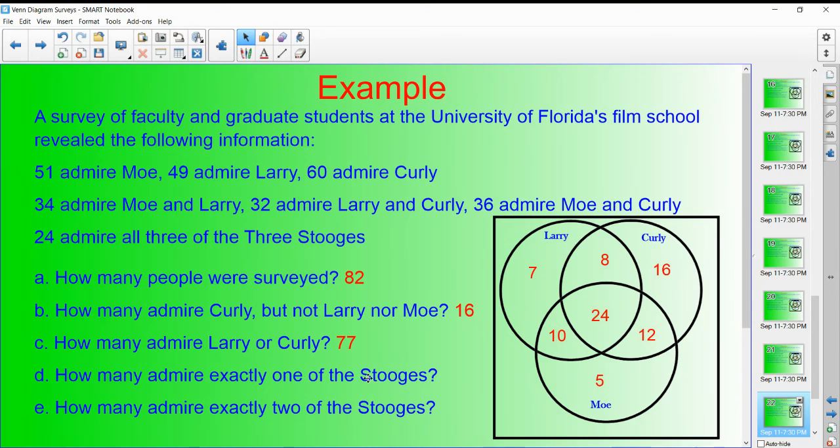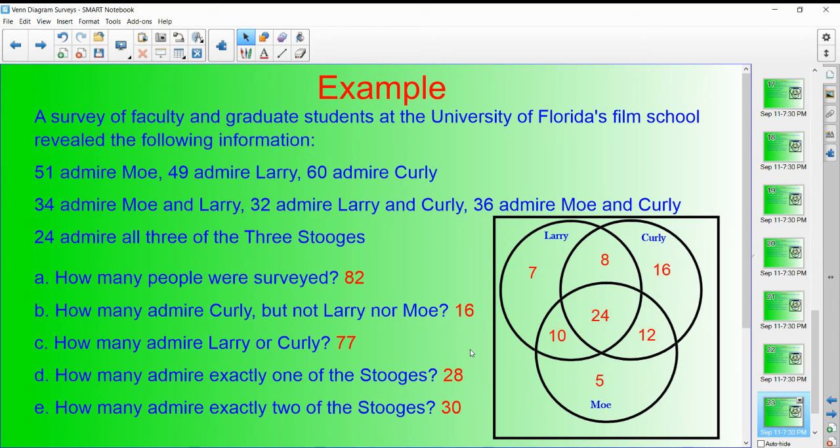Now a question could ask, how many people like exactly 1? So 7 people like only Larry and 16 like only Curly and 5 like only Moe. We could add those up and we get 28 like exactly 1. Or exactly 2, which is where two circles overlap, which is the 8, the 12, and the 10.